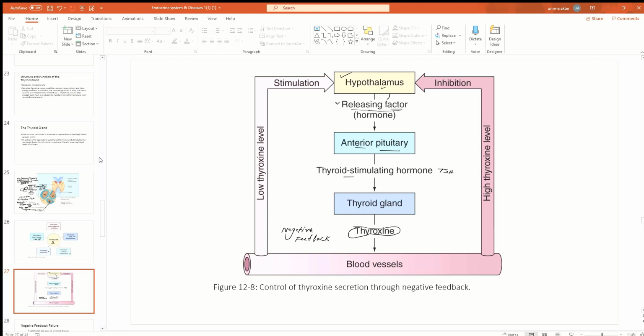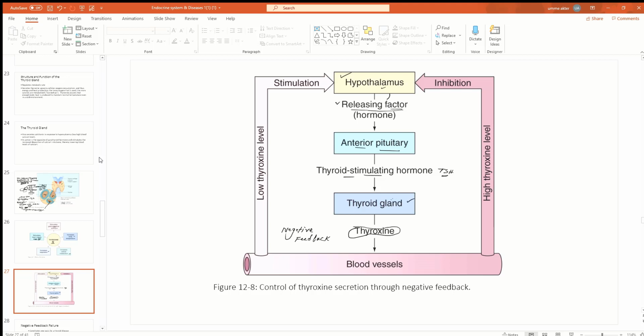So the hypothalamus releases the releasing factor that would stimulate the pituitary. The anterior pituitary would release thyroid stimulating hormone or TSH, and that will go to the thyroid gland. So it will stimulate the thyroid gland, right?